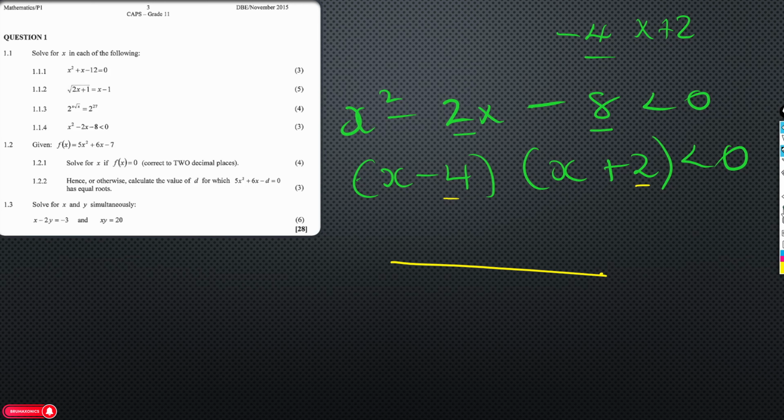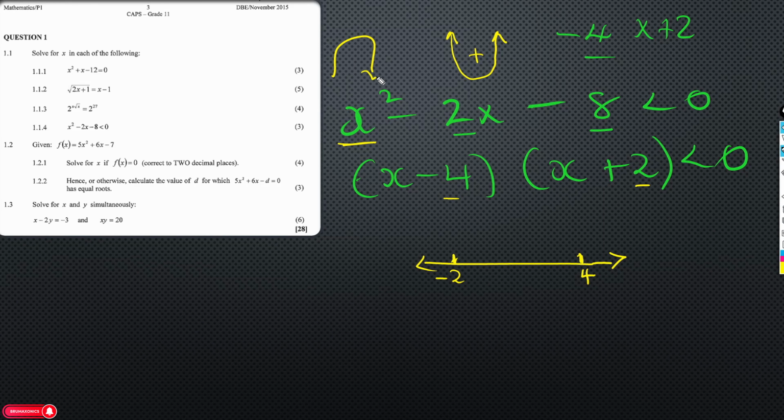Most of the time I prefer drawing a line just to present my answer. So here we are going to have our negative 2 and here our 4. If the graph is positive, the graph will increment, and if it was negative, the graph was going to decrement, right?